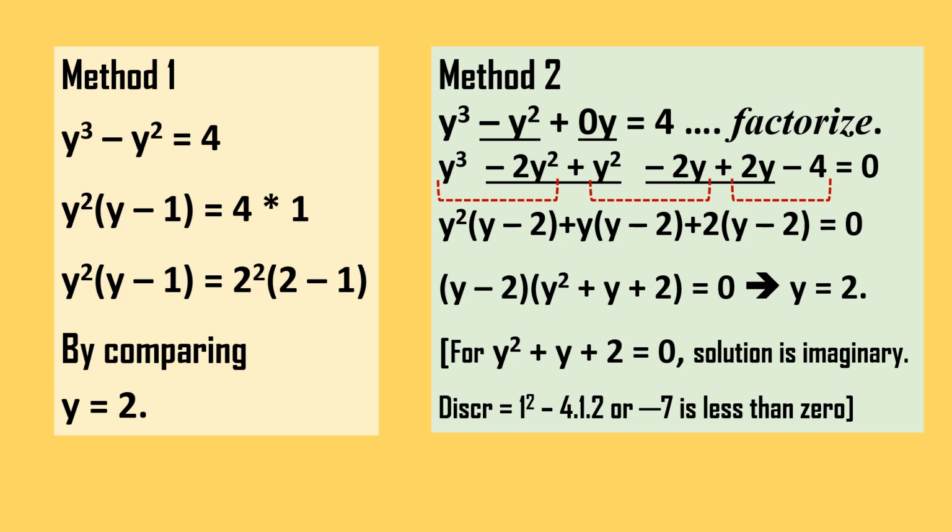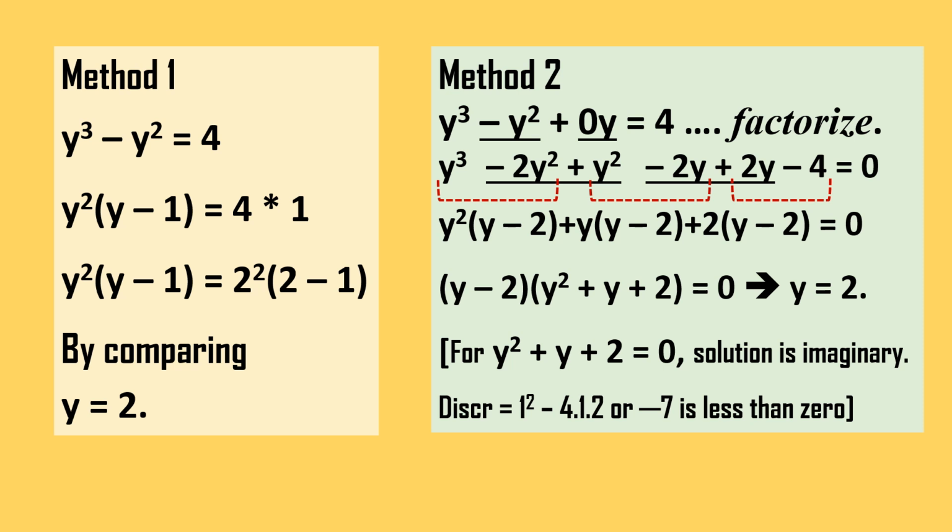Now we group in pairs as we have indicated by red dotted lines. y3 minus 2y square gives you y square common into y minus 2. y square minus 2y gives you y common into y minus 2. And 2y minus 4 gives you 2 into y minus 2.